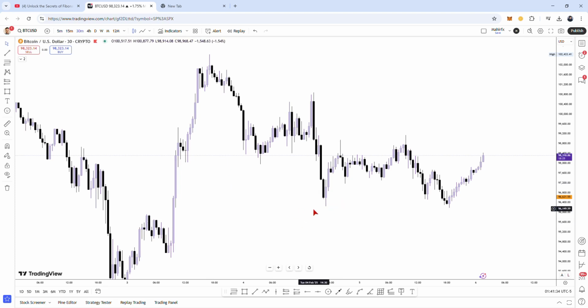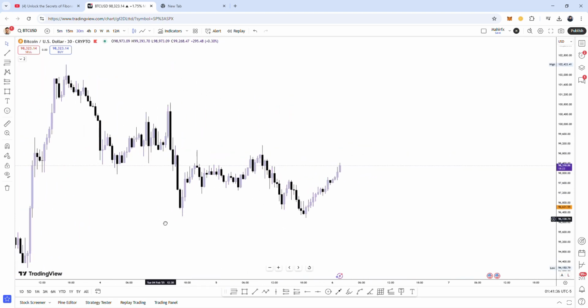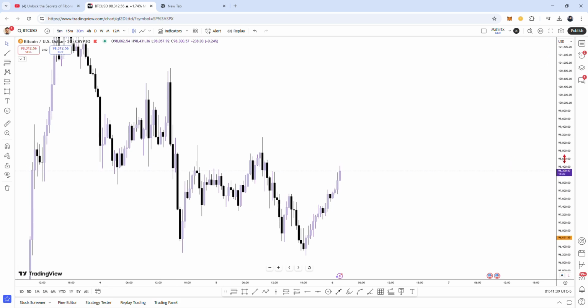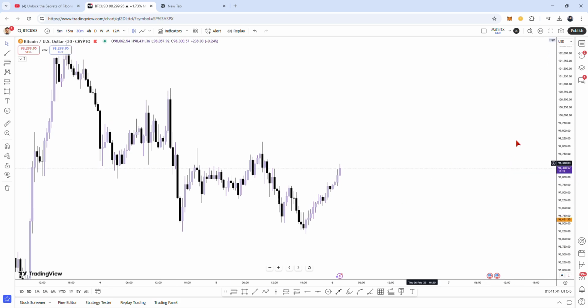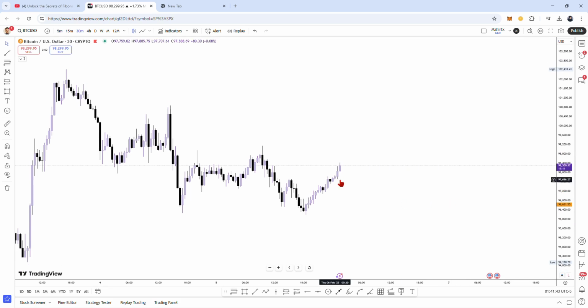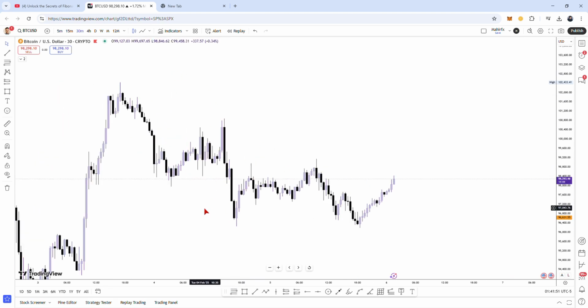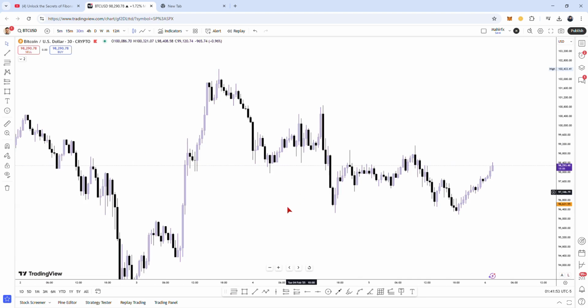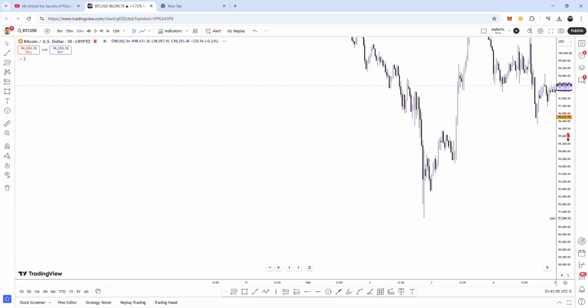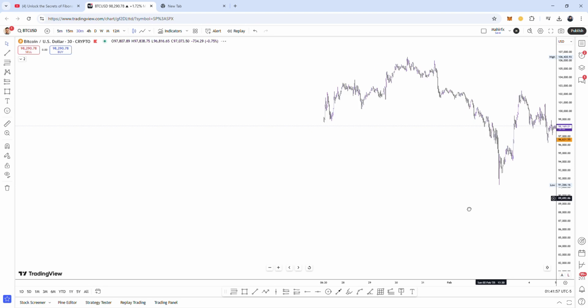If you want to know the detail about Fibonacci, how to use it, maybe in other videos we're going to come back and see how it works. So today I'm going to just draw the Fibonacci retracement to this one.